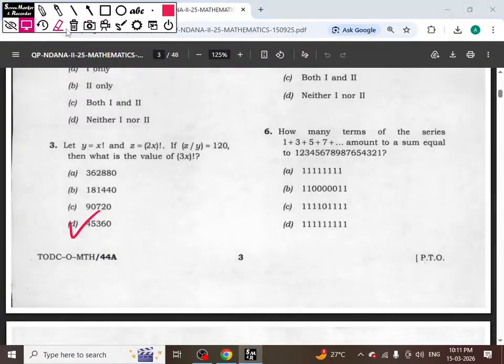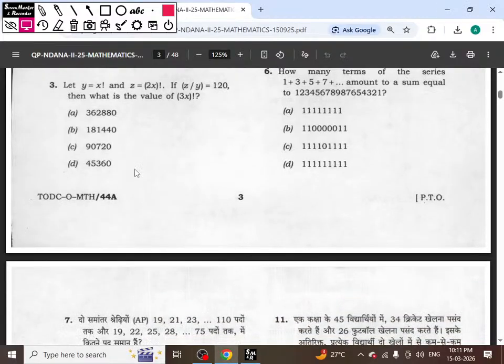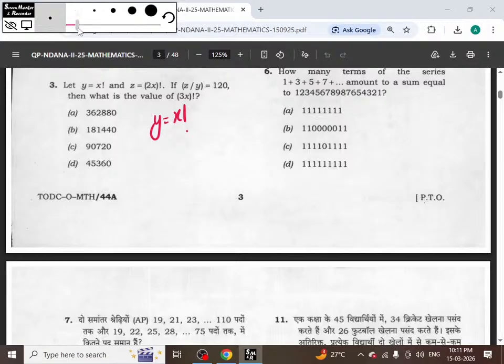It can be an easy question, or we will see. Okay, so we have been given, let y equals x factorial, and z equals (2x) factorial, it is whole factorial.